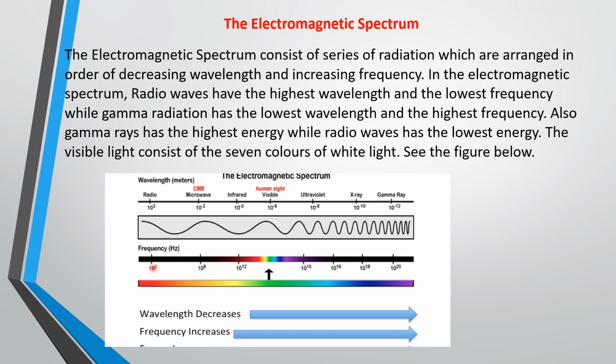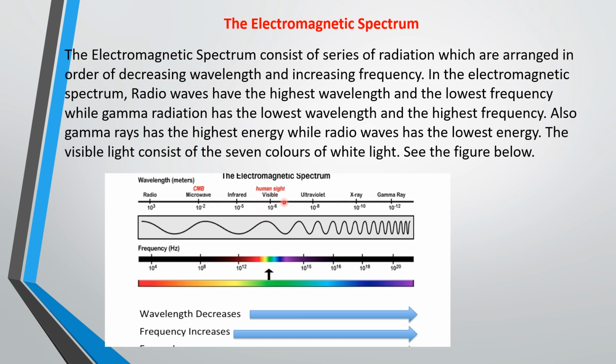Radio will have the lowest frequency, while gamma ray has the highest frequency, and in between you have the microwaves, the infrared ray, the visible light, which is the visible spectrum, then you have the ultraviolet, the X-ray. These are all the radiations that are in between. So the visible light consists of the 7 colors of light.